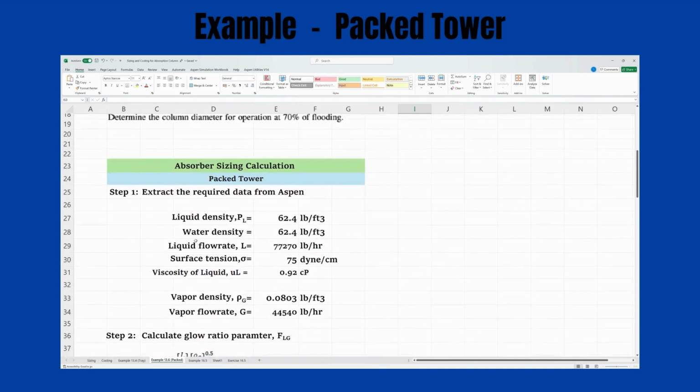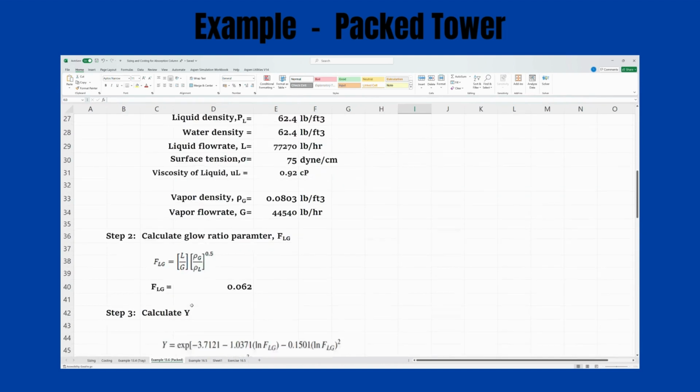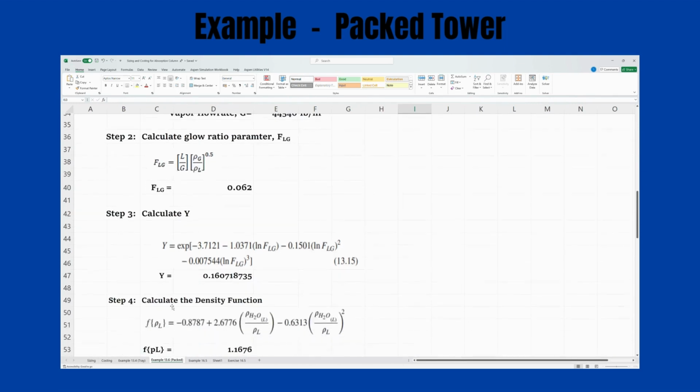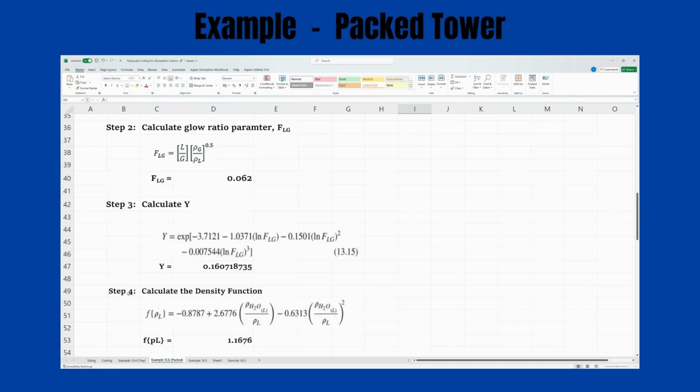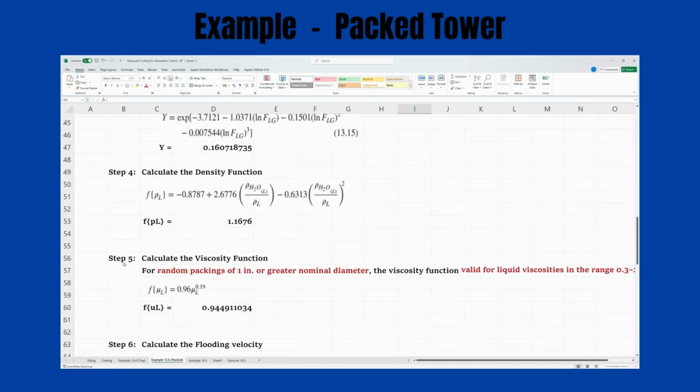So this is the information, okay. And then we proceed with step 2, calculate the flow ratio parameter. Step 3, calculate the Y value. Step 4, calculate the density function. And step 5, calculate the viscosity function.